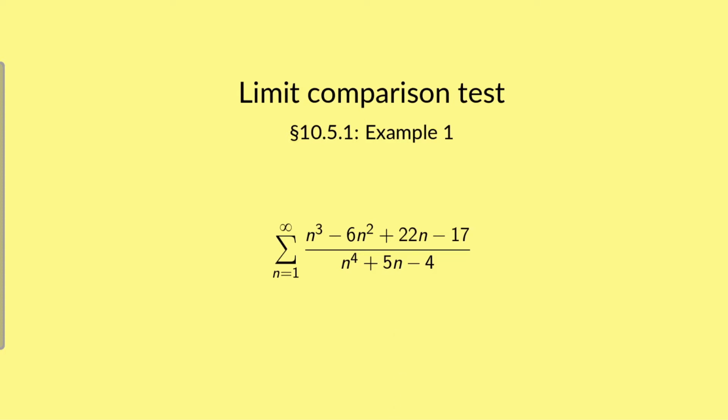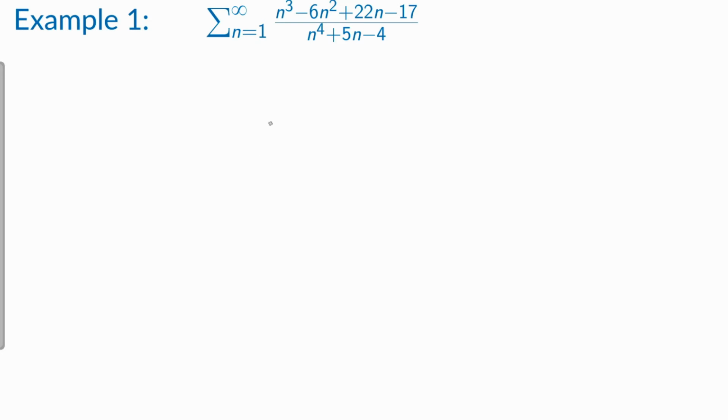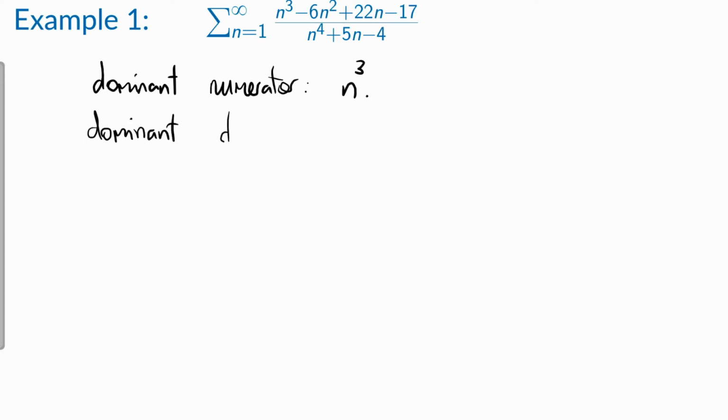But it's going to turn out to be reasonably nice by the limit comparison test, because what we do is we identify the dominant term in the numerator. Well, we have n^3 - 6n^2 + 22n - 17, so the dominant term is this n^3. And then we have a dominant term in the denominator. Well, here we have n^4 + 5n - 4, so there the dominant term is n^4.